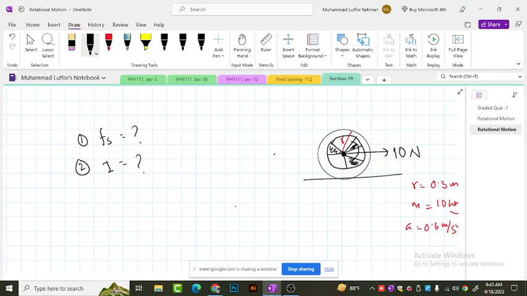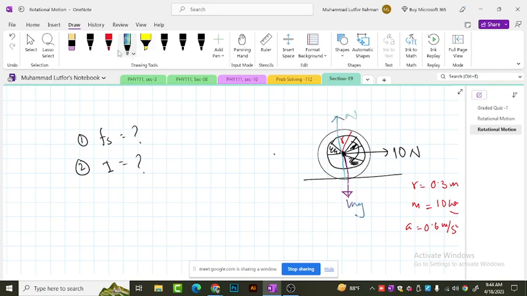Now if I want to find the frictional force, I need to draw the free body diagram. If I draw it, I will find the forces acting on the wheel. This would be my mg, the weight force. This is the 10 Newton force, which is dragging on it. This is the normal force.